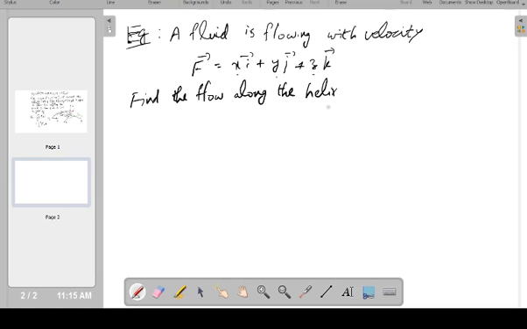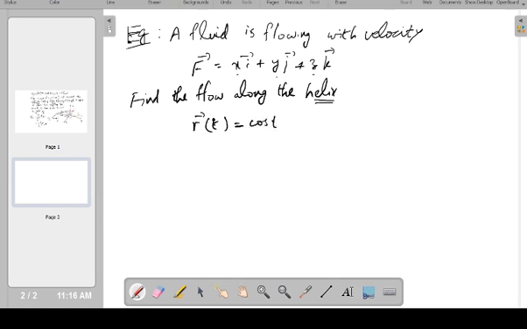r of t equal to cos t vector i. What is helix? Helix, I think you have studied in the previous semester or even in this semester also.